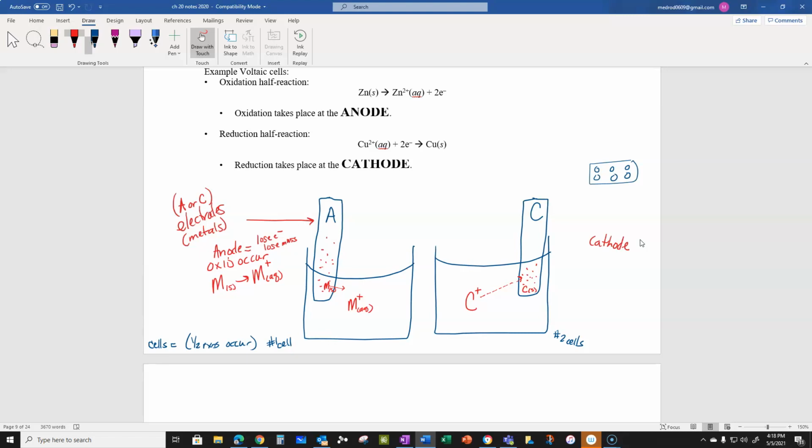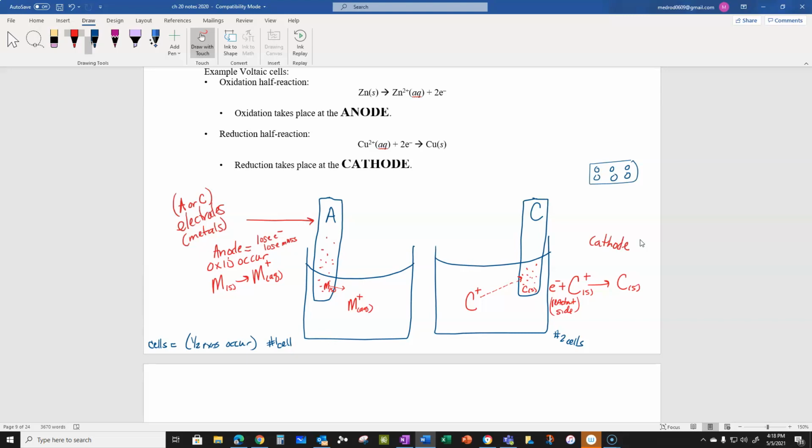So in your half reaction for this one, it looks like the ion becoming solid form. And because it had an electron missing, now it's neutral. And so you see the electron for the half reaction appear on the reactant side. And we just practiced that in 20.2.